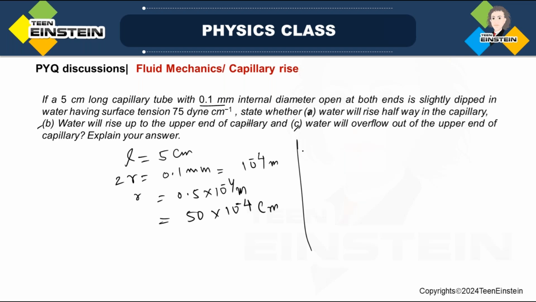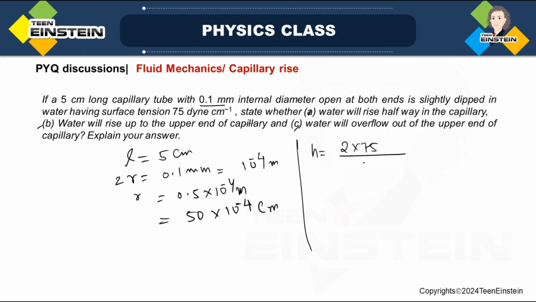So first of all, let us find out what is H. Here contact angle is not mentioned, so we'll take that as 0 by default. Water and glass, right? So 2T is 75 dyne per centimeter.